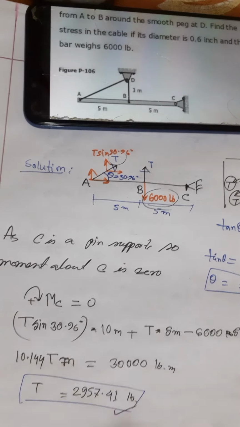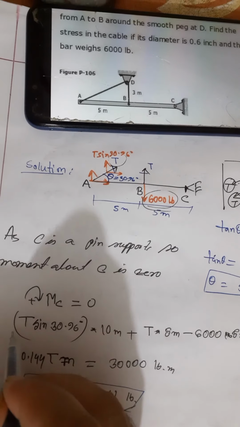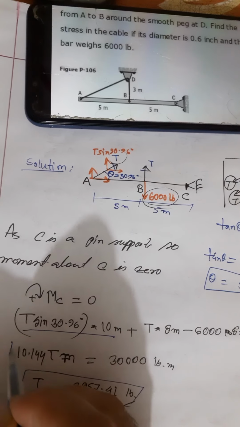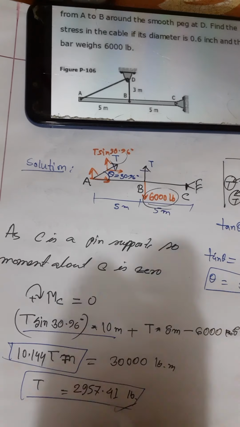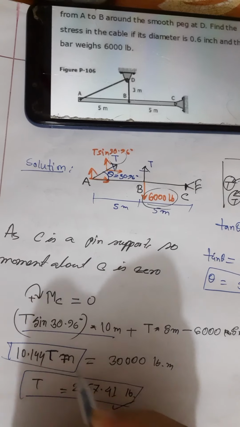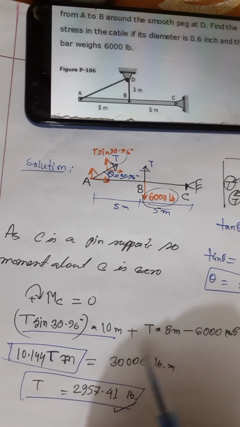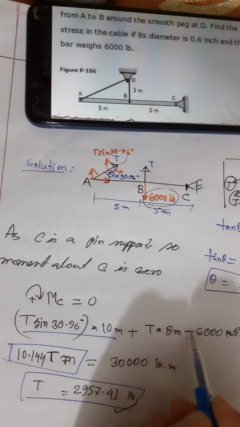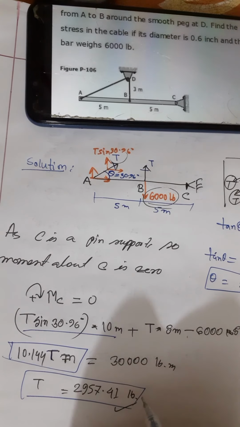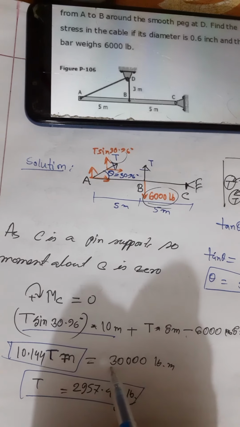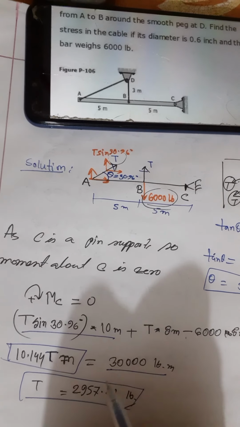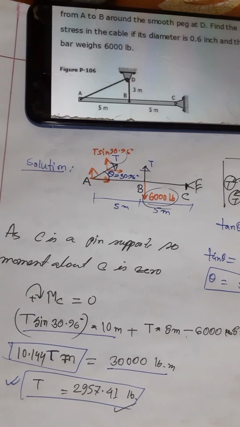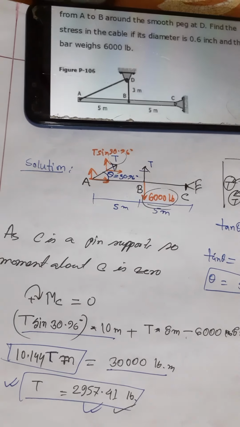If you go through the calculation again, this 10 sin 30.96 plus 5 equal to 10.144 T meter, and if we send it to the right side, then the direction will be plus. So it is 30,000 pound meter, and the result is T equal 22,000, is almost 3,000 pound.